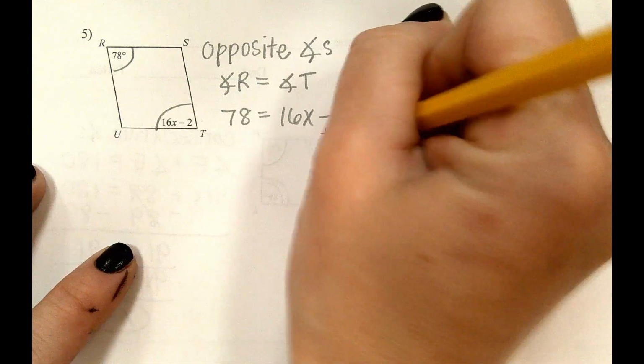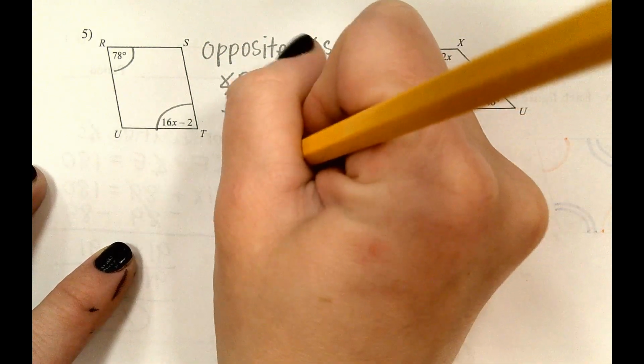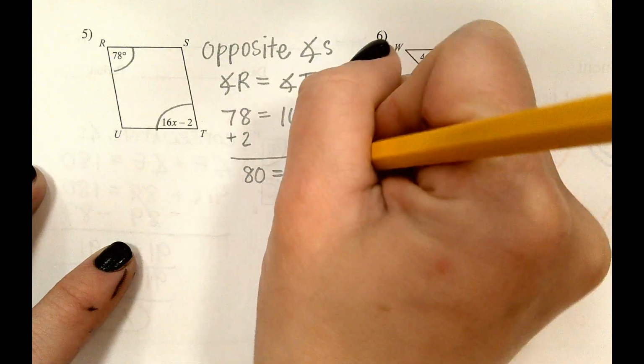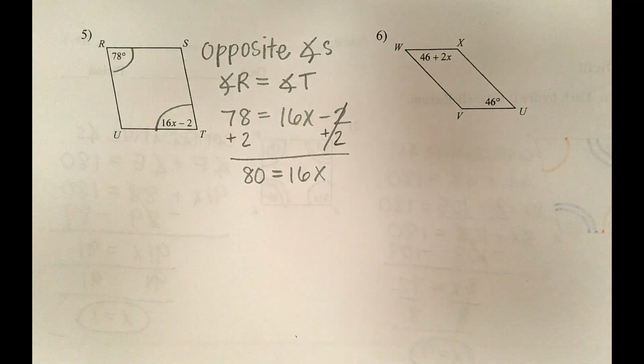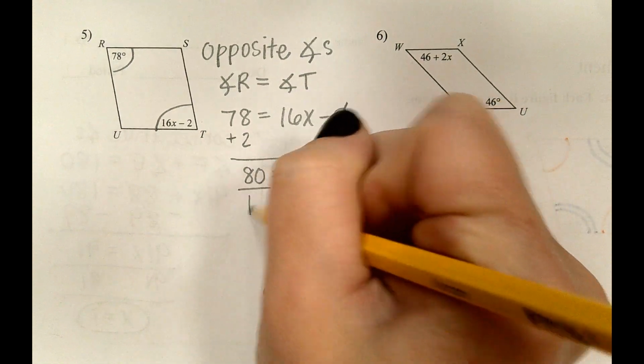So plus 2, plus 2. 80 is equal to 16 times x. Divide by 16, and you get 5.